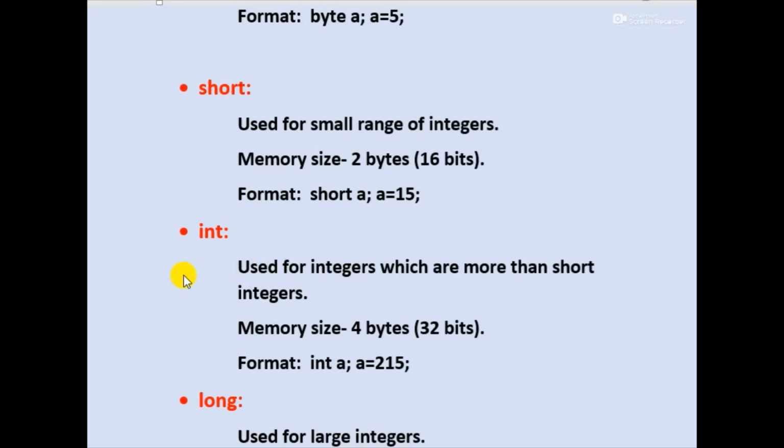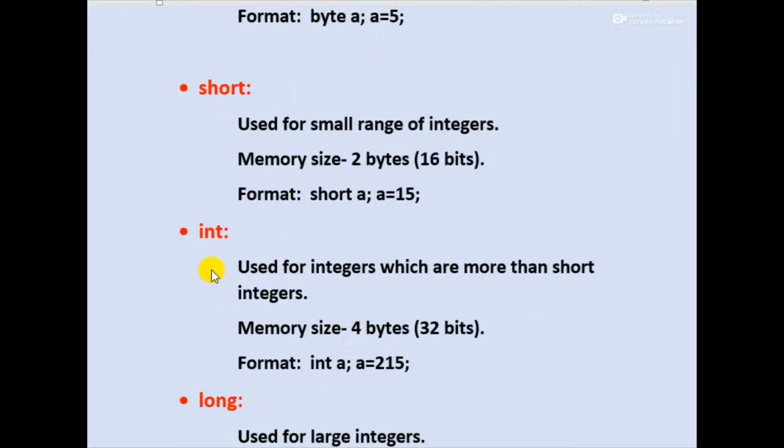Next one is the int data type of integer type. This int data type is used to declare a variable which can hold an integer value that is more than short. We can see the memory size of int data type is 4 bytes, more than short data type.